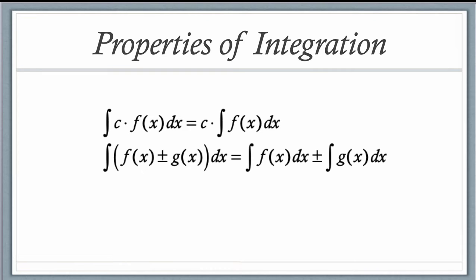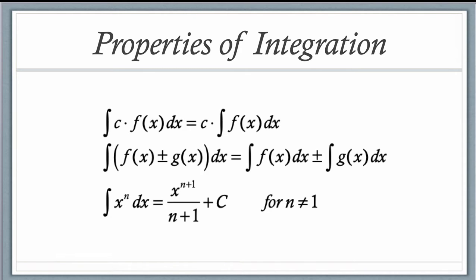If I have the integral of two or more functions that are being added or subtracted, I can find the antiderivative of each individual function. Again, similar to the derivative rule, where if I have multiple terms that I'm taking the derivative of, I can differentiate each term. Same thing here, I can integrate each term individually.